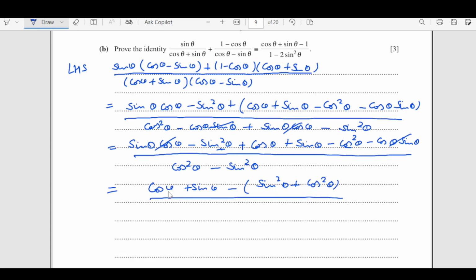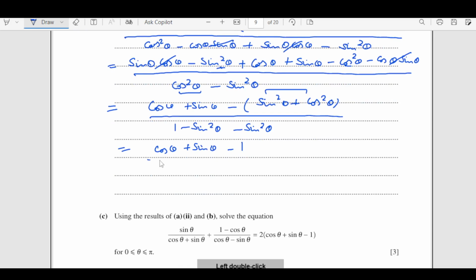Over, as our answer, you can see in the denominator we have sine, so we will replace this cos square by 1 minus sine squared theta. Minus sine square theta already is there, right? So then we will have cos theta plus sine theta minus 1, since sine square plus cos square is 1, right?